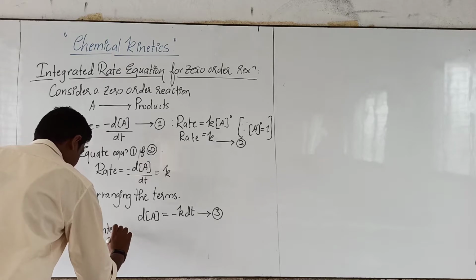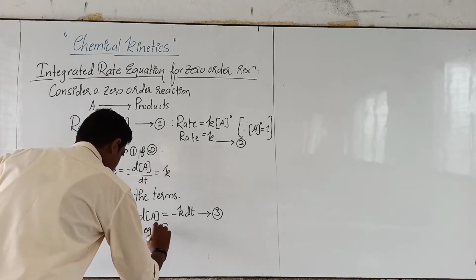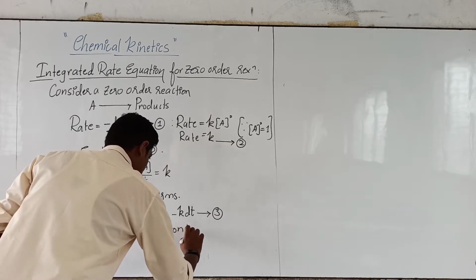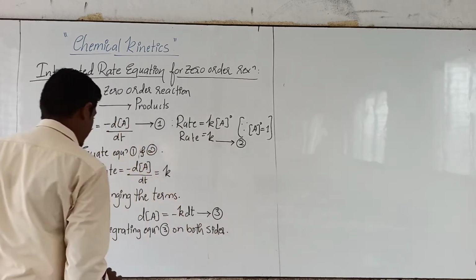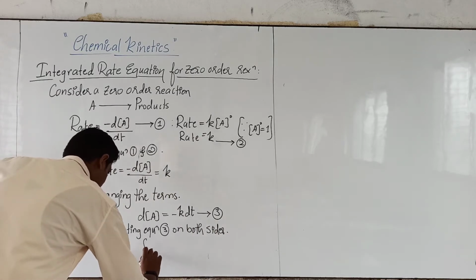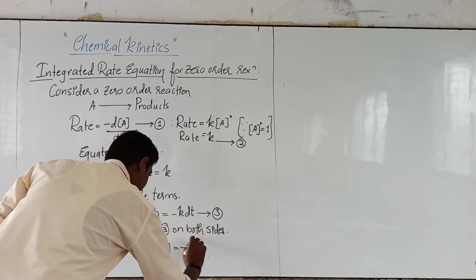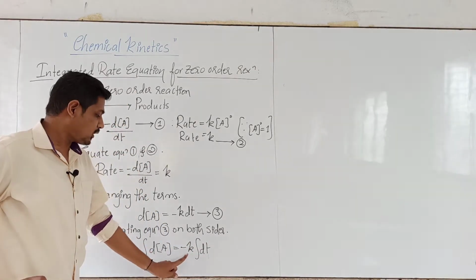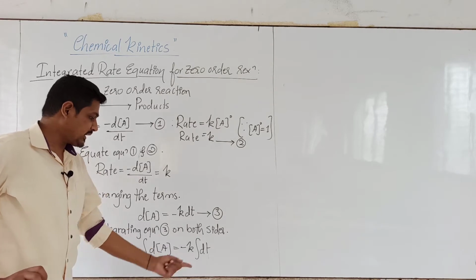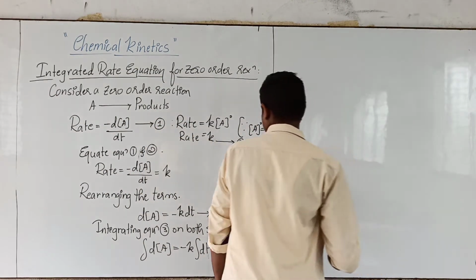Integrating equation 3 on both sides, what will we get? Integration of minus k into dt. Why are we writing minus k outside? Because it is a constant, so we write it outside and integrate. Let us see what we get after we integrate this.